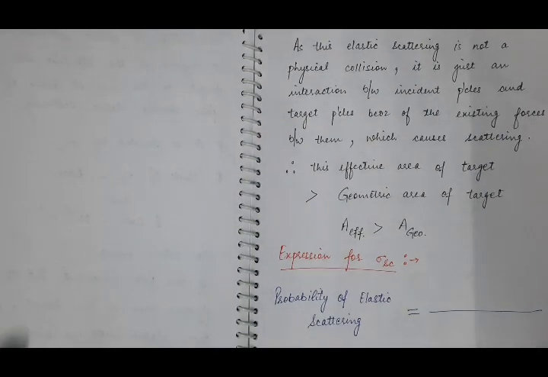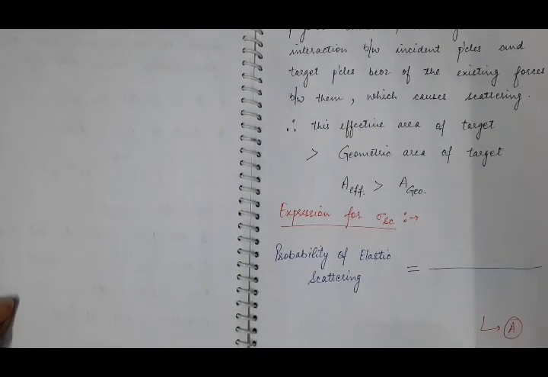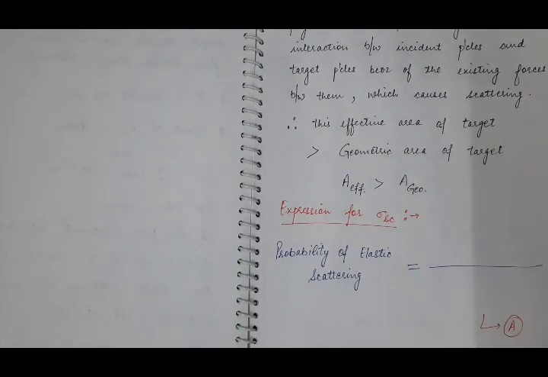So what is the probability? Here we are taking the probability of elastic scattering. It will give you the fraction of those incident particles which are undergoing elastic scattering.